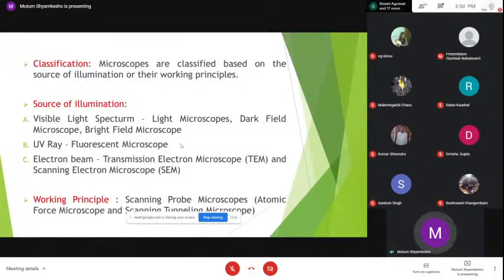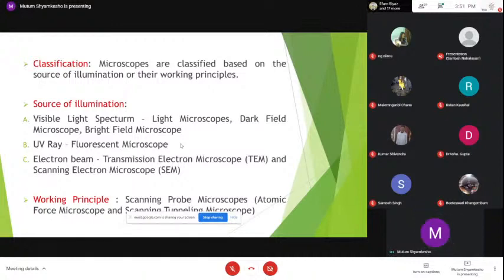Then in the fluorescent microscope, UV rays, which are not visible to human eyes, are used for excitation of the molecules or compounds present in the specimen or object to a higher level of energy, resulting in the emission of visible light rays which have lower frequencies and can be detected by human eyes.